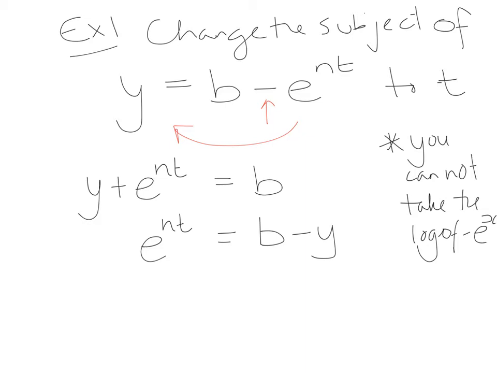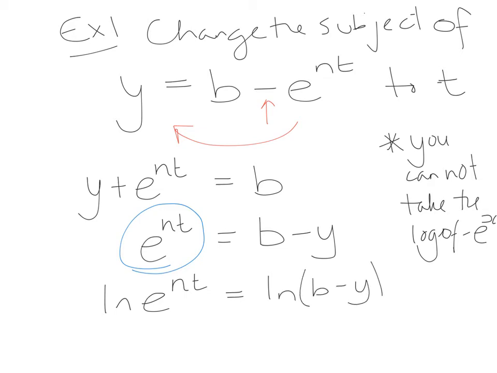Now at this stage that we have the exponential function by itself, we can take the antilog, which is going to be the natural log in this case. So we'll have ln e to the nt is equal to ln of b minus y.